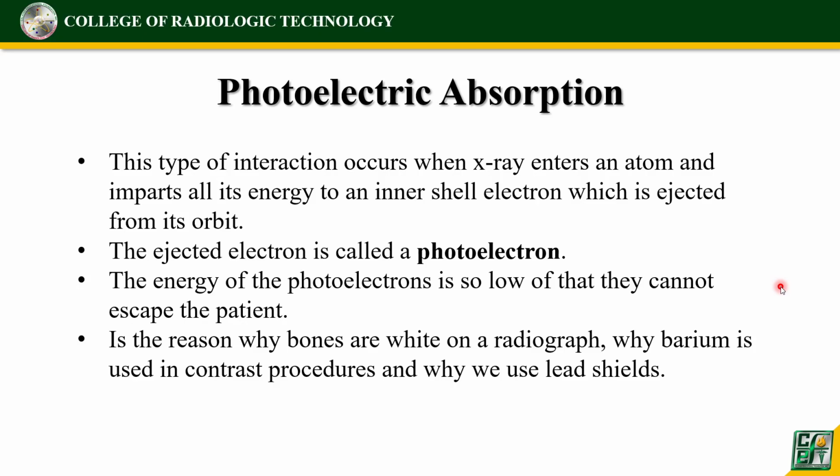Remember that radiation, meron tayong particulate radiation. And particulate radiation is not limited to alpha, beta, di ba? Meron din tayong neutron, positron, electron, and proton. So they are all types of radiation. Okay?